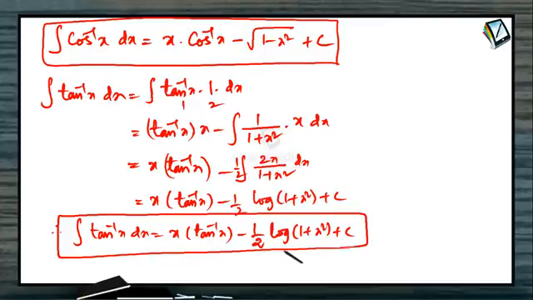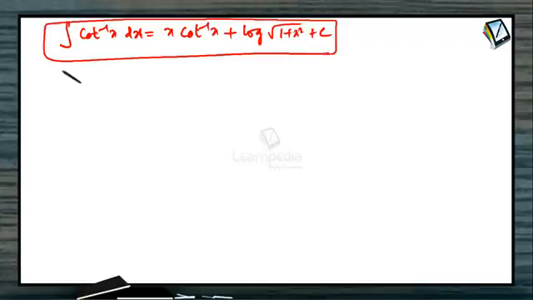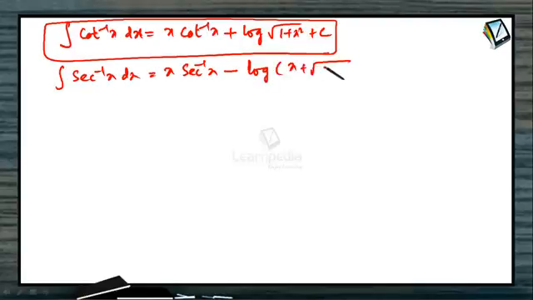Next, let us find the integral of cot inverse of x dx as x into cot inverse of x plus log of root 1 plus x square plus c. Also, we can find the integral of secant inverse of x dx as x into secant inverse of x minus log of x plus root of x square minus 1 plus c.